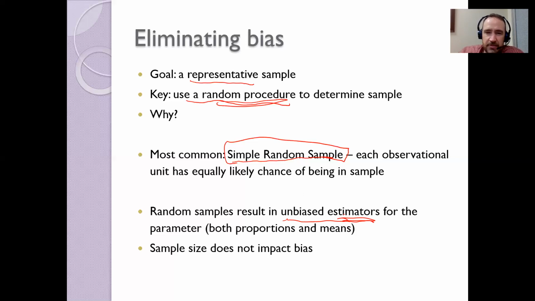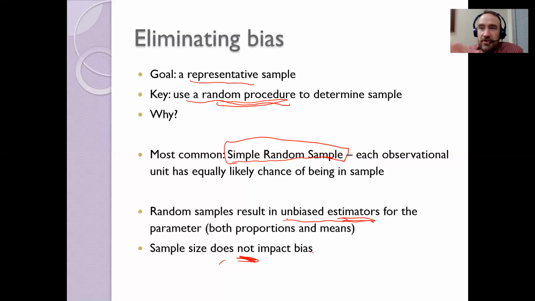Take note that sample size does not impact bias. And this is a real important thing to keep in mind. Bigger samples from a biased procedure are not any better. If you've got a process that introduces bias into your sampling procedure, you can't fix it by taking a bigger sample.